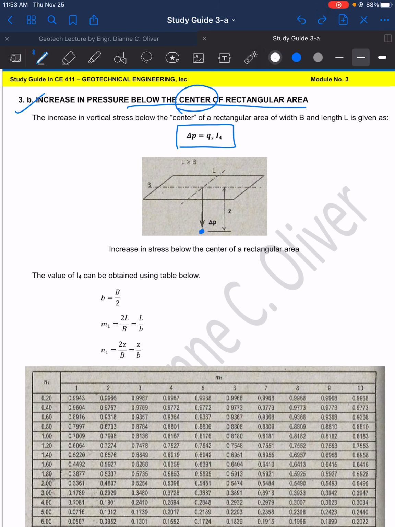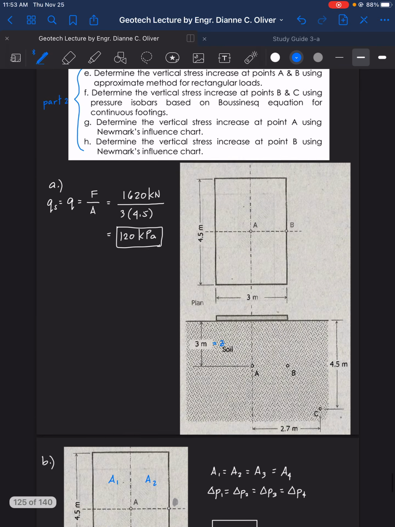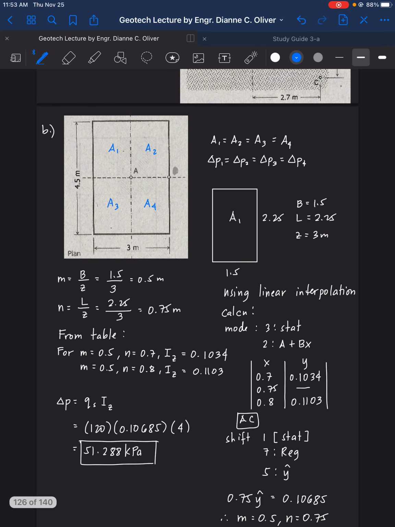So what's this case again? If we put the point at the center of a rectangular area. Let's see the difference between the two, the 3-A and 3-B. So this is letter C. Let's remove here B. We're not computing for B.